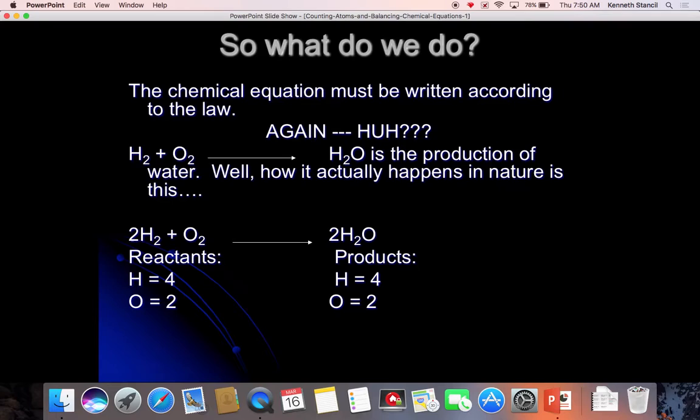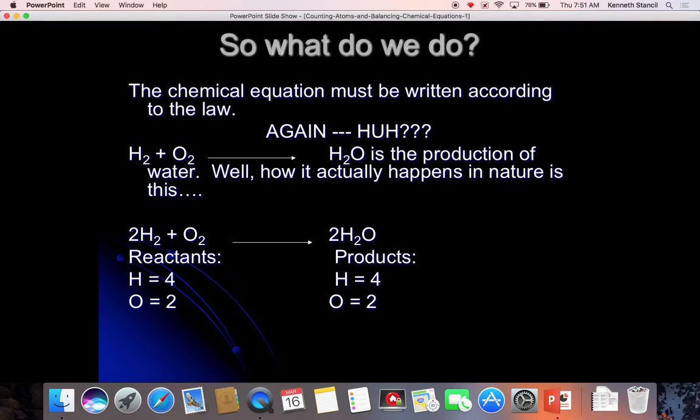If we add that same 2 to our final product, we get 2 H2O. And if we count the atoms, we have 4 hydrogen and 2 oxygen. So is that equation balanced? Yes.